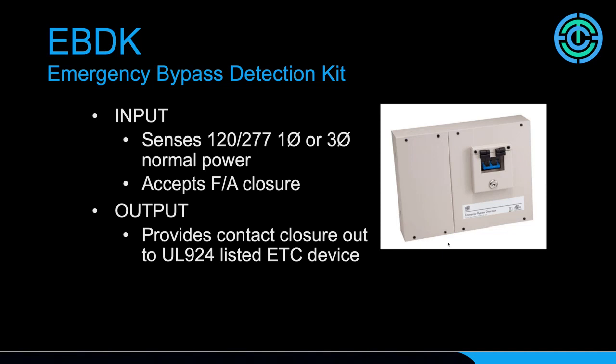So the simplicity here is this box senses normal power, so you can feed it with either a single phase or a 3-phase power source. It monitors normal power. When normal power goes away, the listed circuits inside close a number of closures and distribute that. It provides contact closure routes to meet the UL 924 listed inputs for all the ETC devices, but can be used also on any other listed downstream devices.